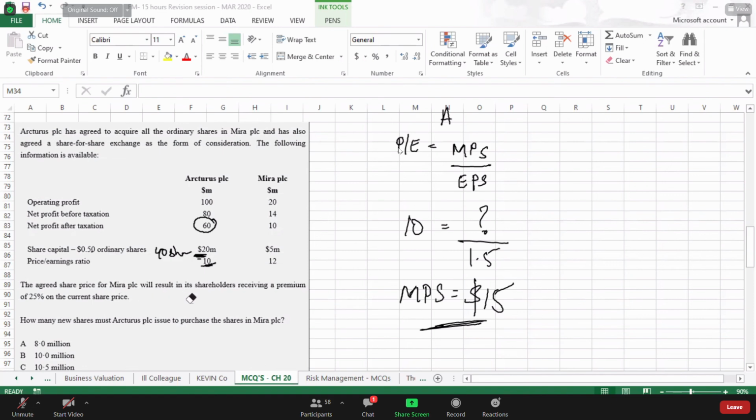The agreed share price for Mira PLC will result in shareholders receiving a premium of 25% on the current share price. Right? So how will you do it? Finish the problem. They're asking how many new shares must Arcturus PLC issue to purchase shares in Mira PLC.